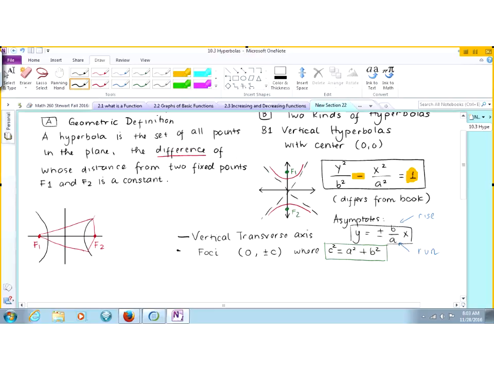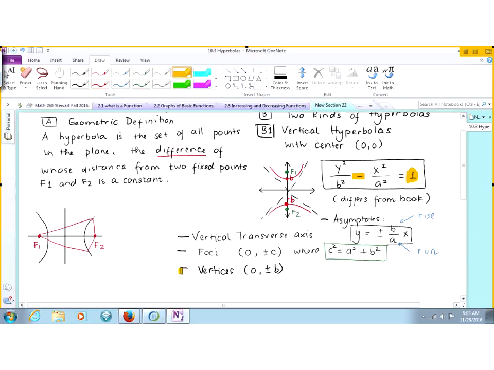Okay, so I'm going to write the vertices here. So this is foci, asymptotes, and then vertices. What are the vertices? 0, comma, plus or minus b. So this is b here, negative b and then b, so the distance is b.